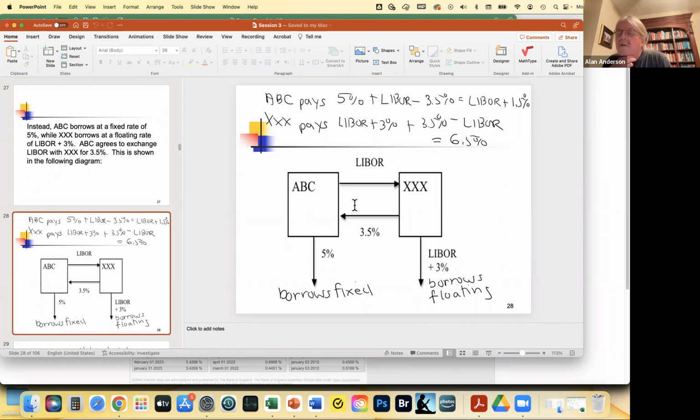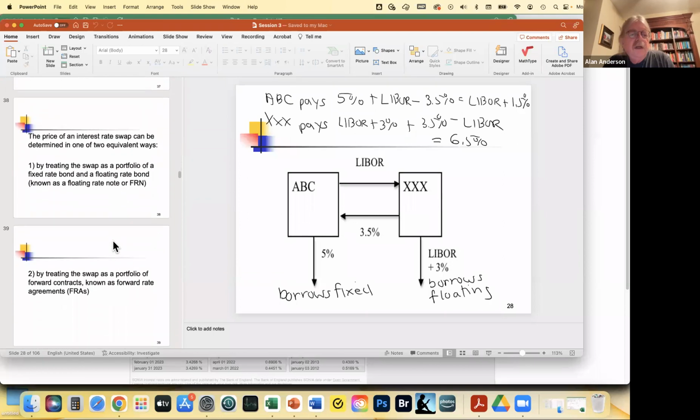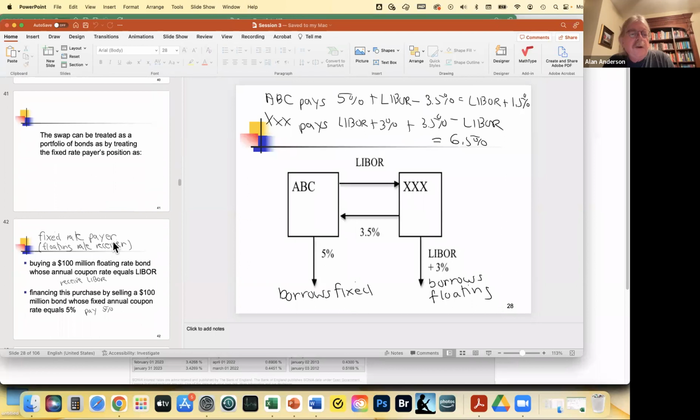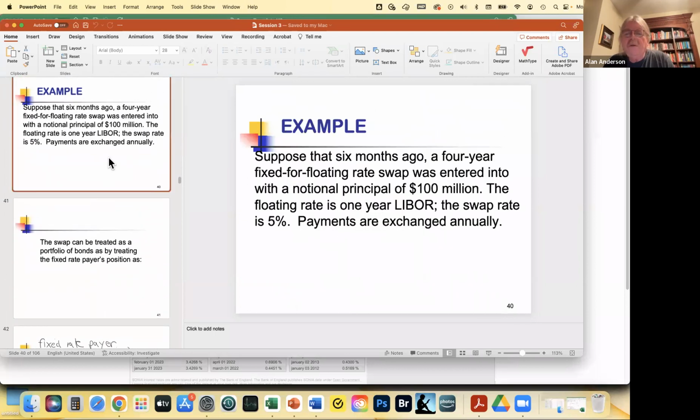And those are going to be tied to the cash flows of the underlying securities, which in this case typically means coupon-bearing bonds. Remember, we're going to trade LIBOR for 5%. We've got two sides of the swap. One side is going to pay LIBOR, the other side will pay 5%.